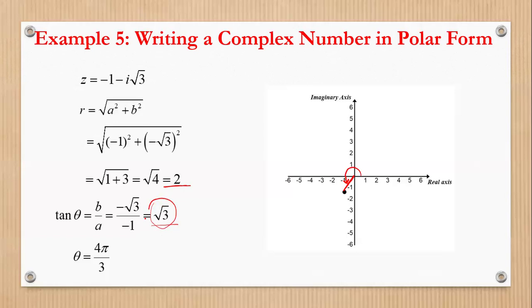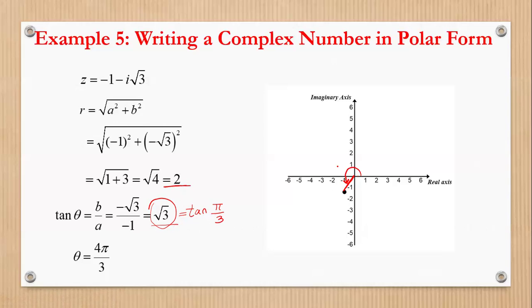If my angle is in the first quadrant, I can use the same angle that I found from the table. But if the angle is in another quadrant, we need to use this answer, because I know that root 3 is the tangent of pi over 3. But this pi over 3 is the actual angle only if the angle is in the first quadrant. If it's in another quadrant, we need to find the exact angle.